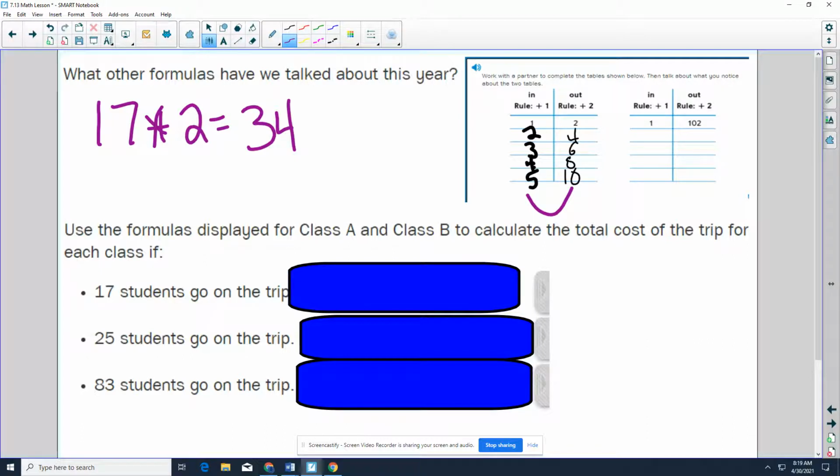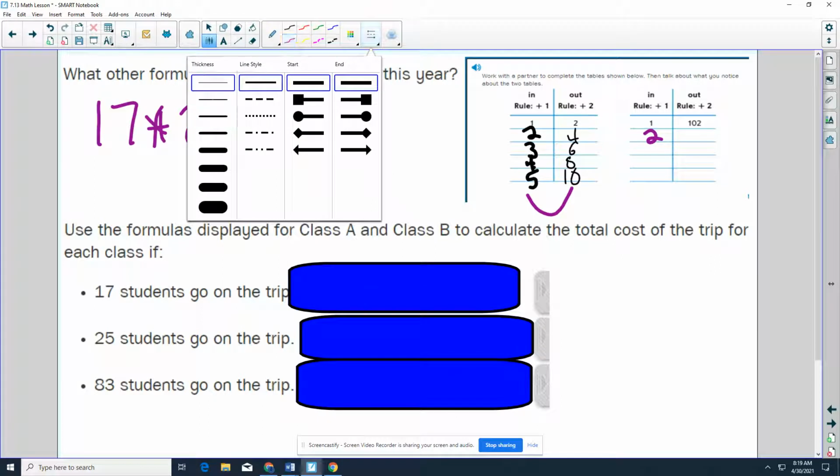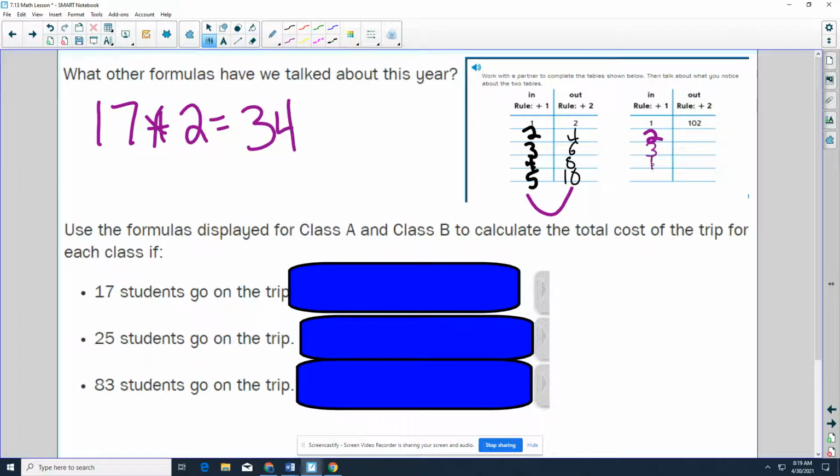Now if we use that same thought process over here, and we fill it in with this rule, and remember each time it was plus 2 and it's 100 more than what we had on the other chart. And if you remember, we noticed the pattern that it's the same as the out, but just 100 more.